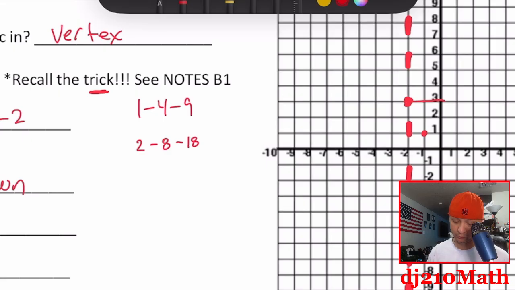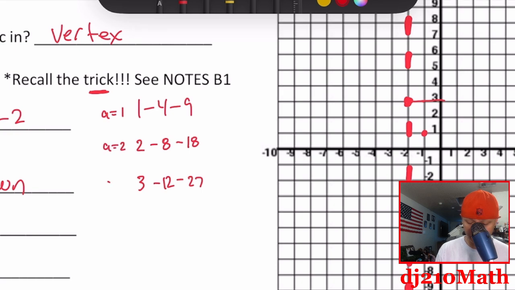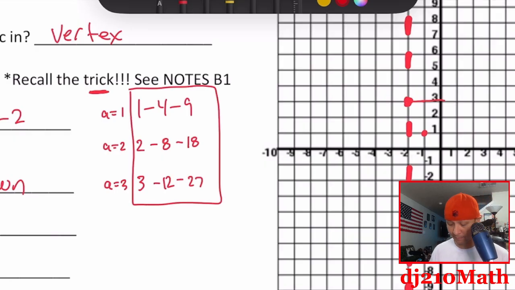If a was 3, you'd triple the numbers. 4 times 3 is 12. 9 times 3 is 27. So a is equal to 1, a is equal to 2, a is equal to 3. These are the distances that you're going down. All right, I guess I beat that up. So we can reflect all these points over.